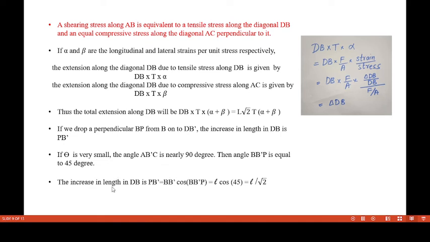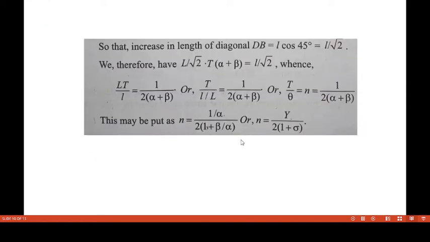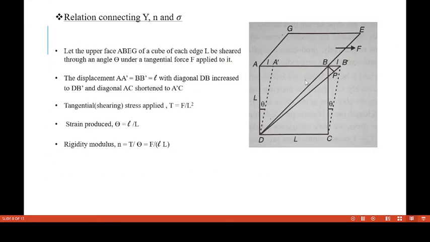Now, the increase in length in dB is P B'. I've already said that the increase in length dB is P B', which is also equal to this length L, small l, times cos of this angle B B' P. We've already seen the angle B B' P is 45 degree.